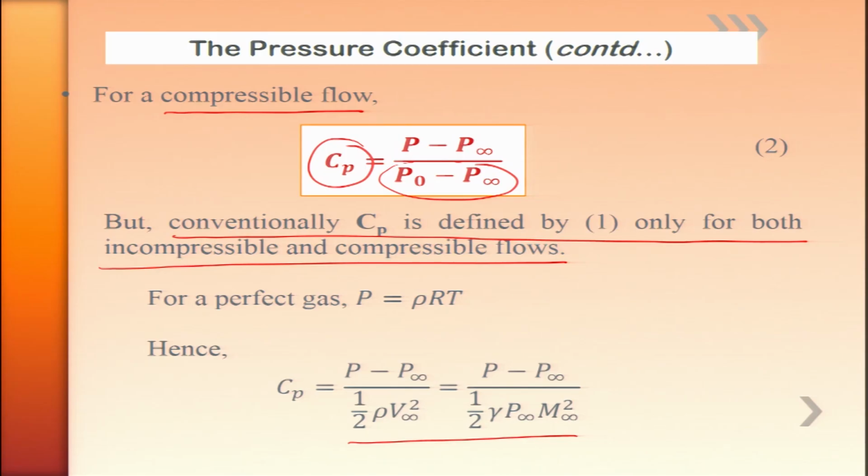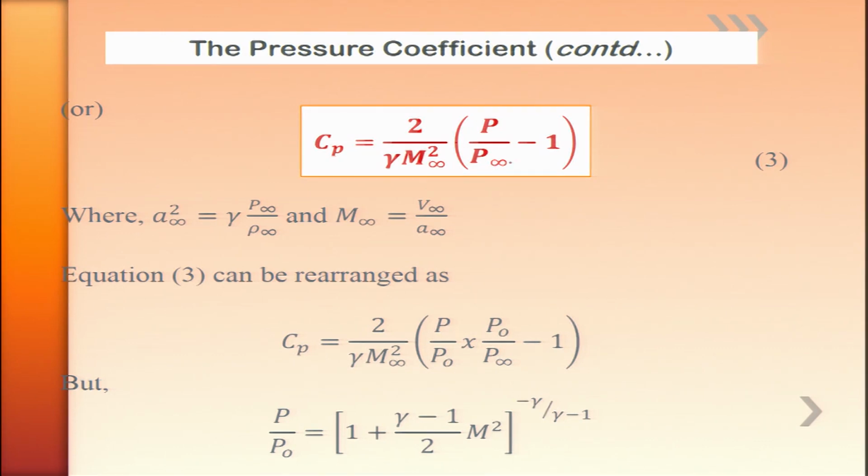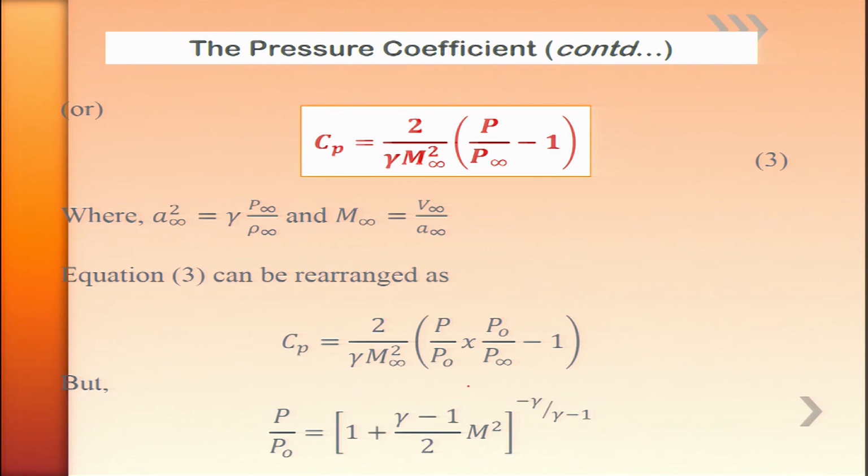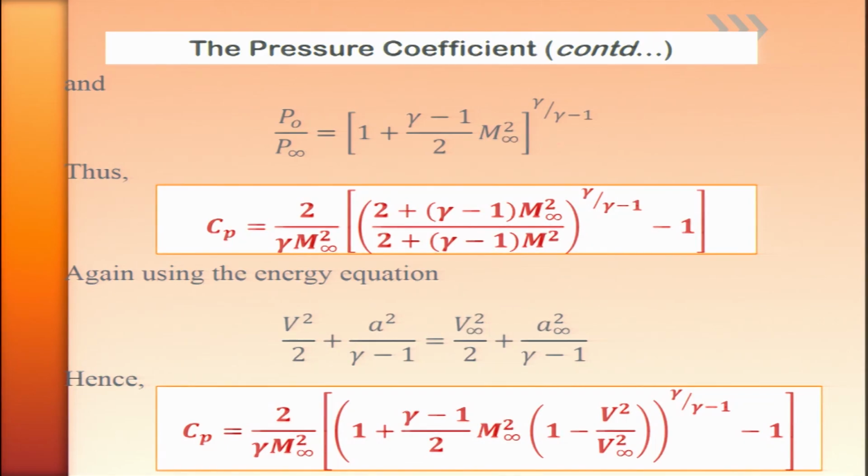In this case, we can write P minus P infinity again, taking the same. However, here 1 by 2 rho V infinity square is changed to 1 by 2 gamma P infinity M infinity square. Again, P by P infinity minus 1, times 2 by gamma M infinity square, I am going to algebraically manipulate and divide by P naught, so that I can replace P by P naught and P naught by P infinity. That means these two relationships, with the local Mach number M over the body as well as the free stream Mach number.